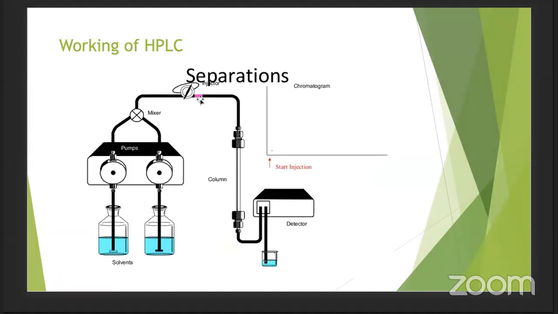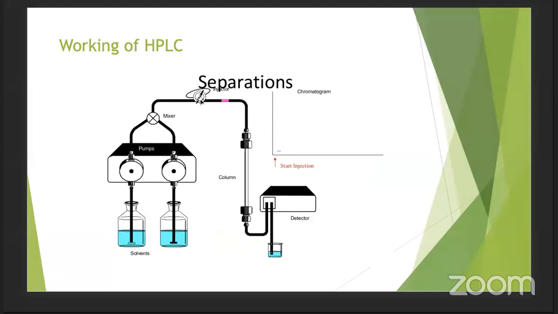Now this will move in the column. The mobile phase will of course reach the detector already, because before starting HPLC we first run blank mobile phase, so that the whole system gets calibrated and standardized.